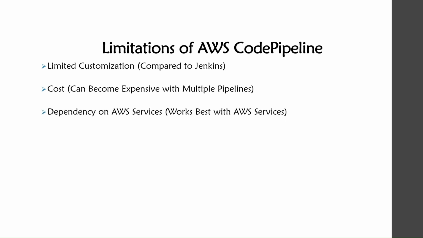So the last limitation is dependency on AWS services. AWS CodePipeline is designed to work seamlessly with AWS-native services like, for example, CodeCommit, CodeBuild, Elastic Beanstalk, and Lambda.